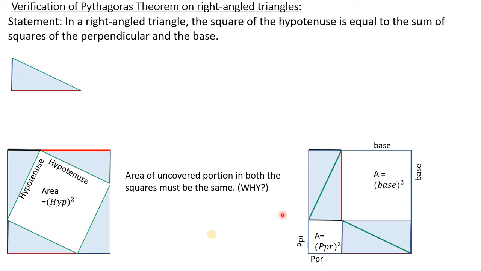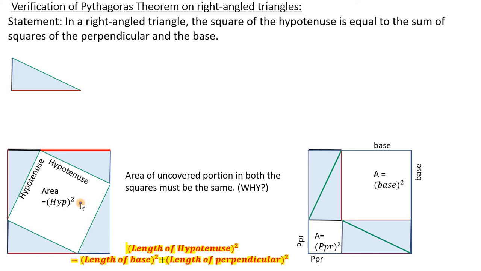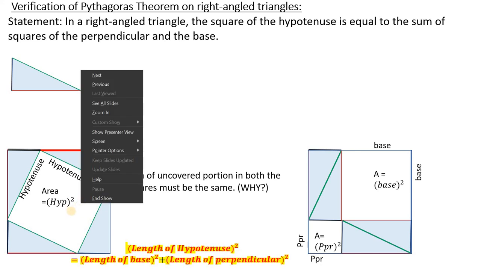Why? I have explained to you. Both the bigger squares in which we have placed the 4 congruent right angle triangles are the same. So after this you come to understand that the area of the uncovered portion in both the squares must be the same. So in this one, you infer that on the left hand side the uncovered portion area is hypotenuse square.